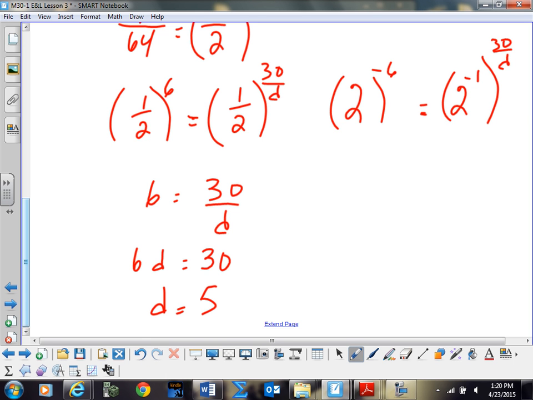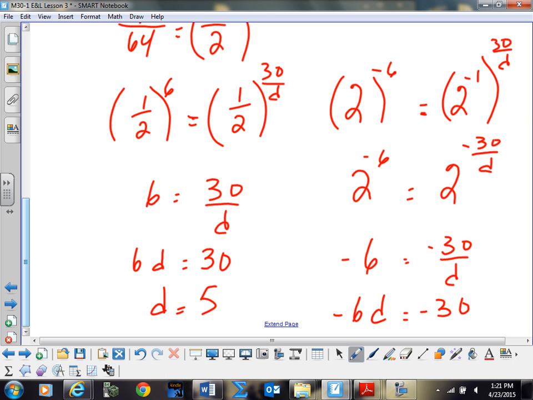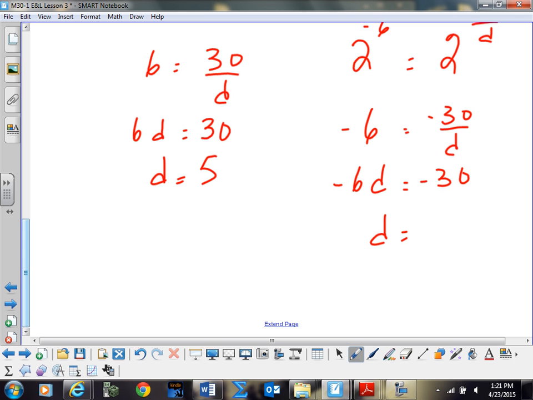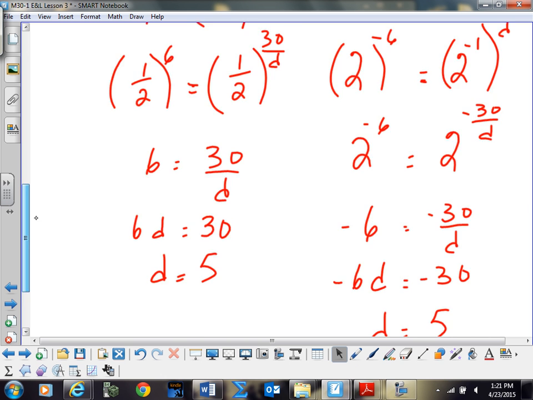If I was working with base 2, I would simplify, drop the base, negative 6 equals negative D, same answer. So many times you have a choice. If you're working with fractions, you can leave the base as fractions, or you can make your exponents negative.